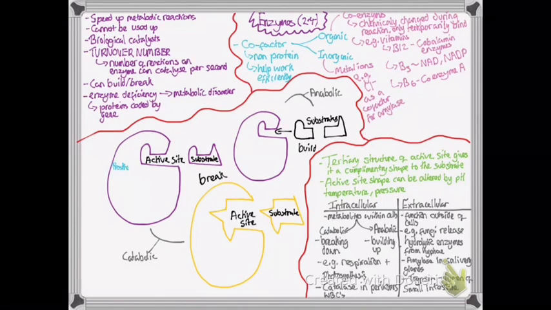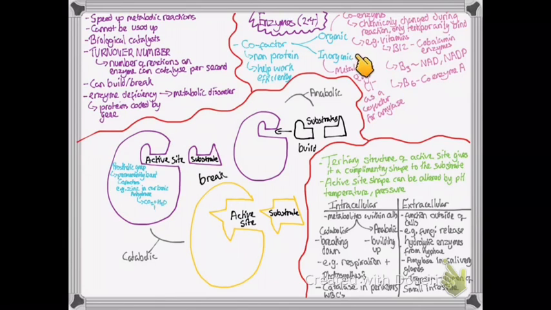We also use B6 to assist coenzyme A, and we see that at the start of the Krebs cycle to form acetyl-CoA. So these vitamins are organic molecules that assist enzymes in their function.